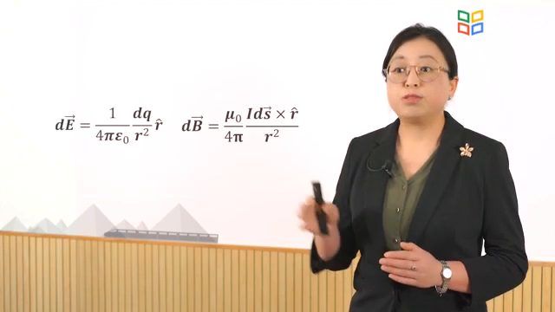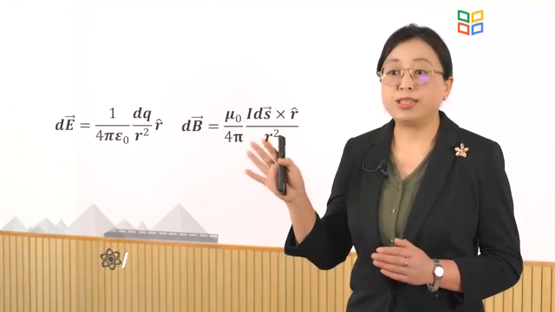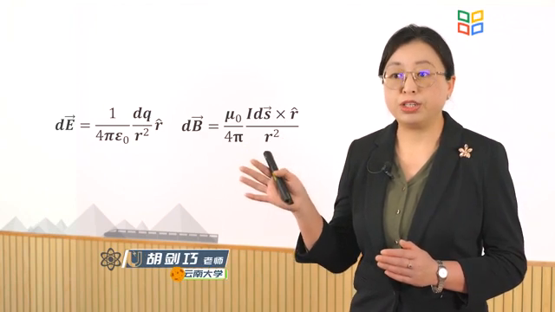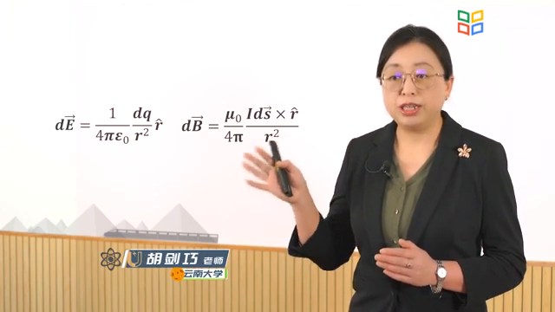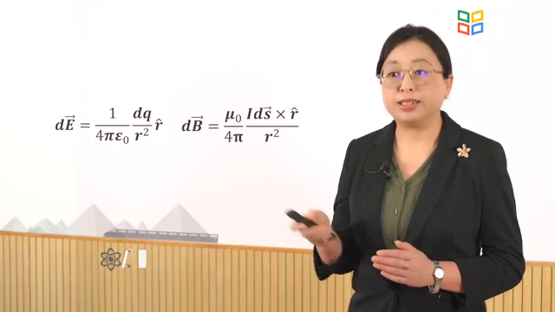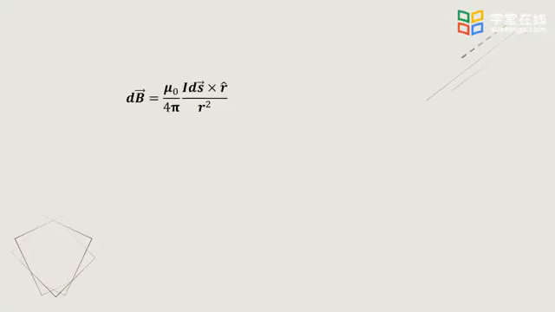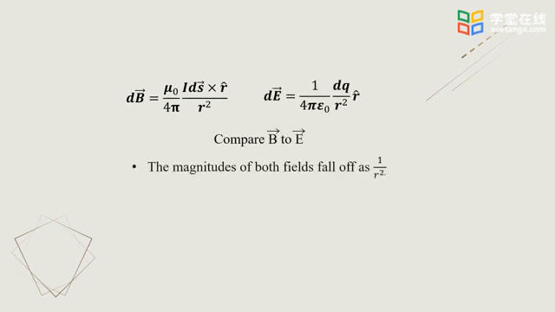Notice that the expression in form is remarkably similar to the expression for the electric field due to a charge element. Obviously, the magnitudes of both fields fall off as 1 over r squared, where r is the distance from the source creating the field.